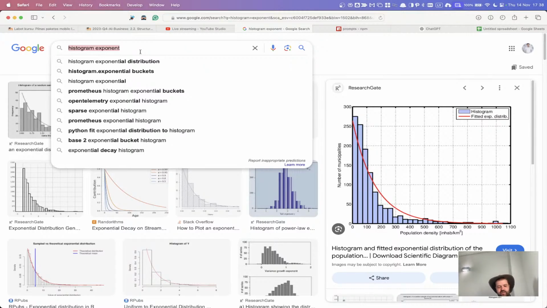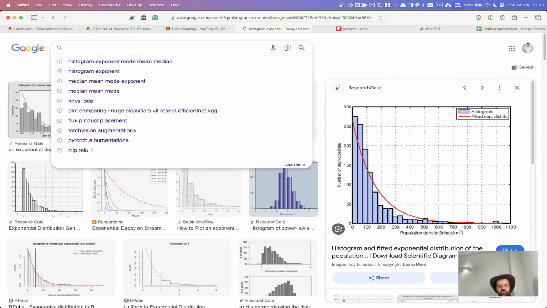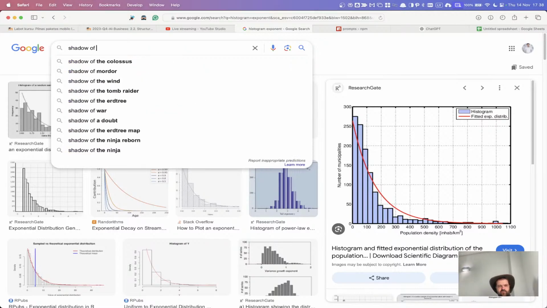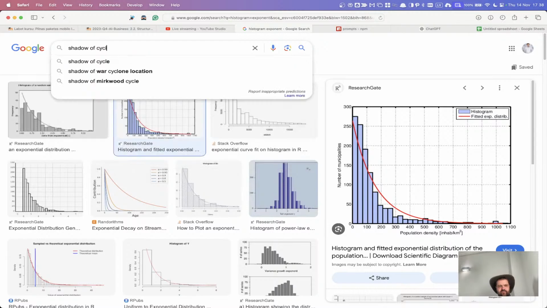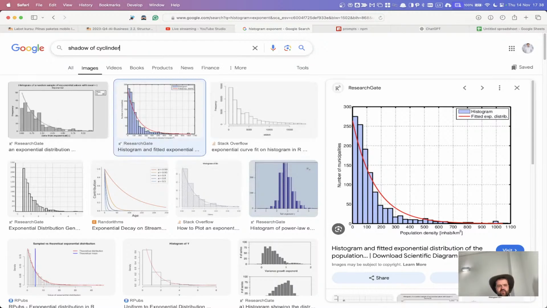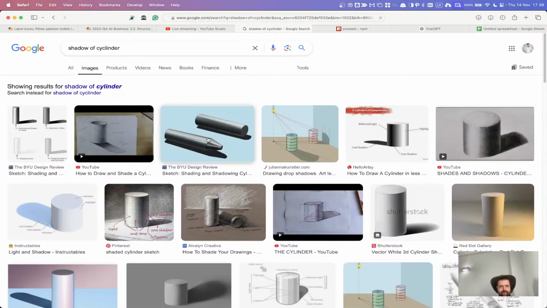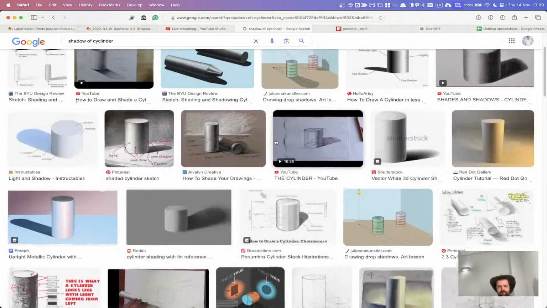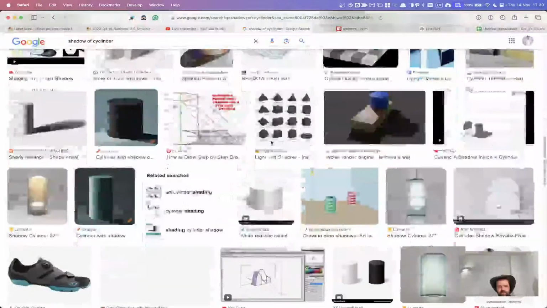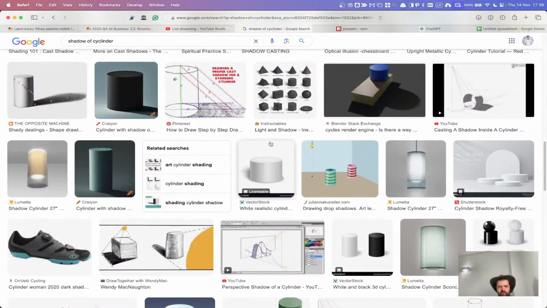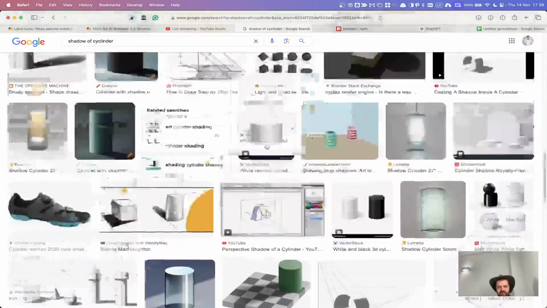So let me show you some examples. So what is dimension reduction? I want to show you one visual example. Hopefully it will help you to understand this better.